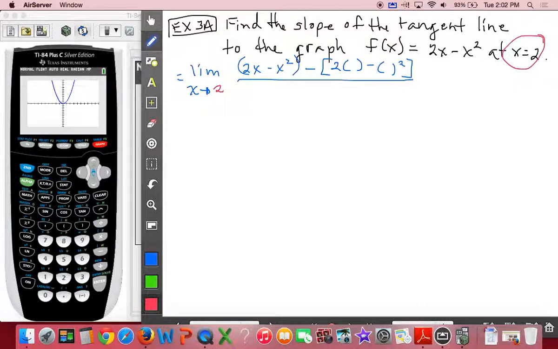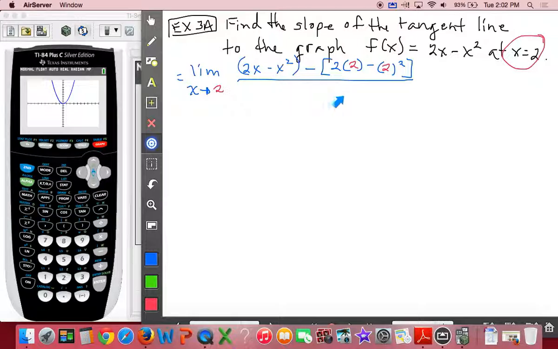So the number we're approaching is 2. As you can see here, this is our original function. We didn't change it. Minus, there's the original function again, 2x minus x squared, but instead of x, we put a 2 in because that's what we're approaching.